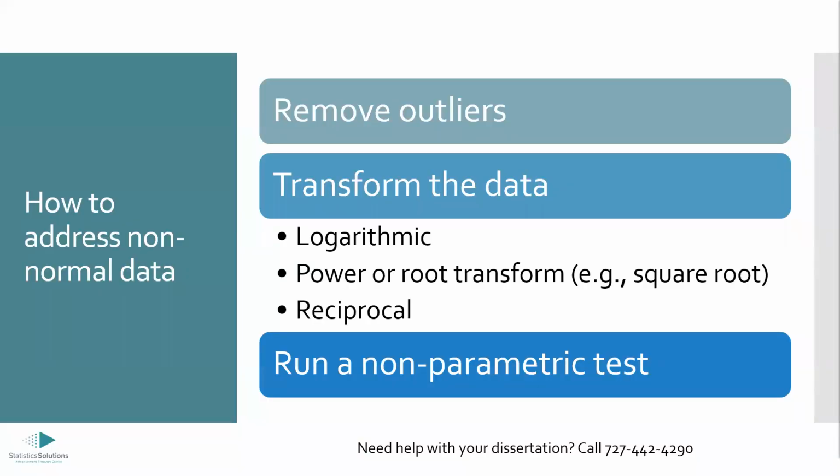However, the main disadvantage of using something like a transformation is that instead of looking at the raw variable in your analysis, you're looking at the effects of the transformed variable. So that might affect your interpretation of the results.